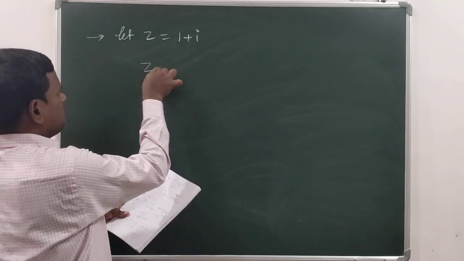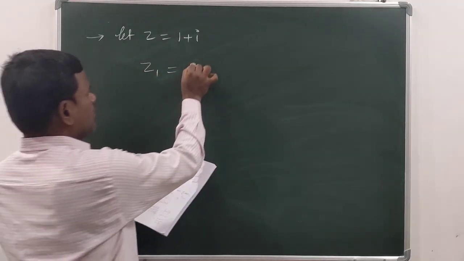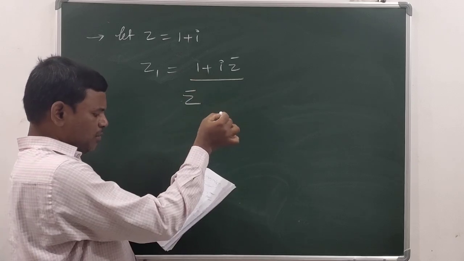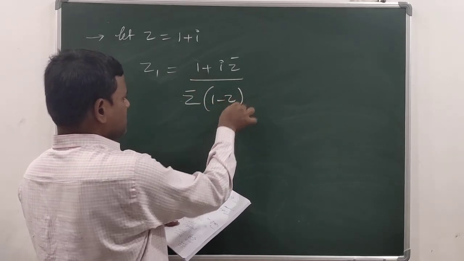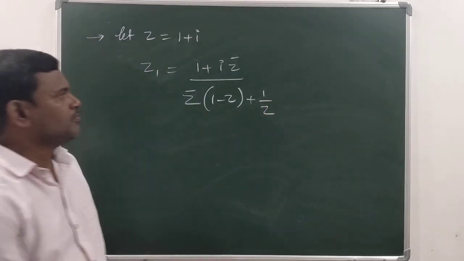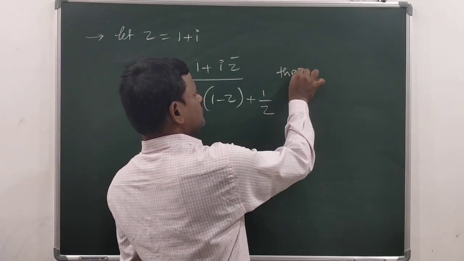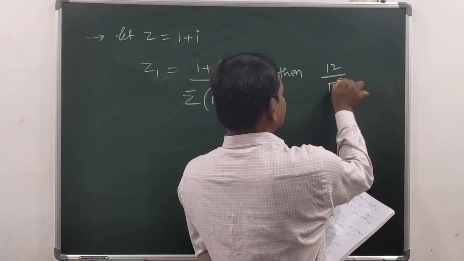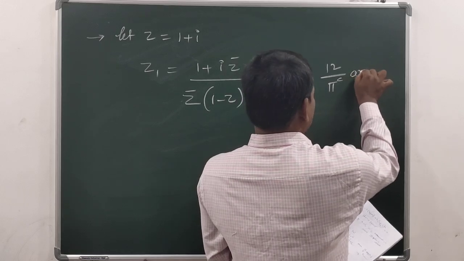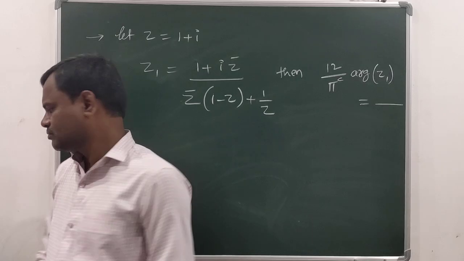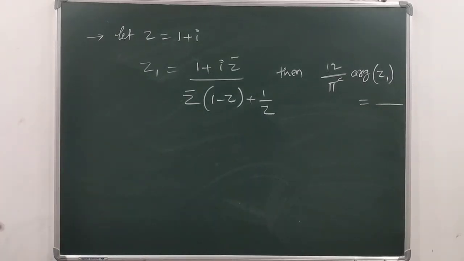Now z1 is equal to (1 plus i z bar) whole by (z bar into (1 minus z) plus 1 by z). Then, 12 by pi radians, the argument of z1 is equal to how much? See students, find it.